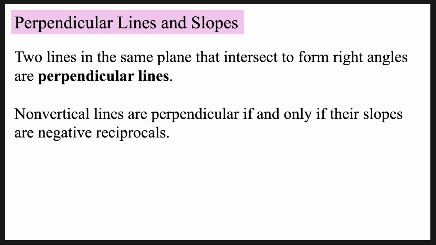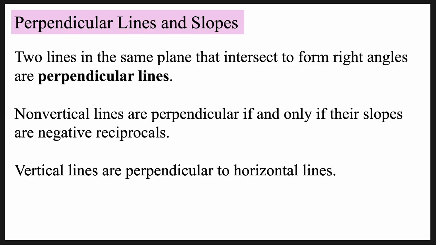Non-vertical lines are perpendicular if and only if their slopes are negative reciprocals. So the slopes of the two lines would be the negative reciprocal of one another. Or you can think of it as the product of those two slopes is always equal to -1. Vertical lines are perpendicular to horizontal lines.